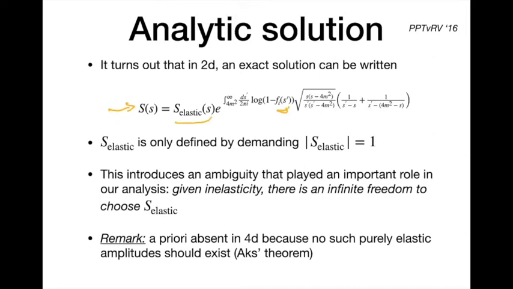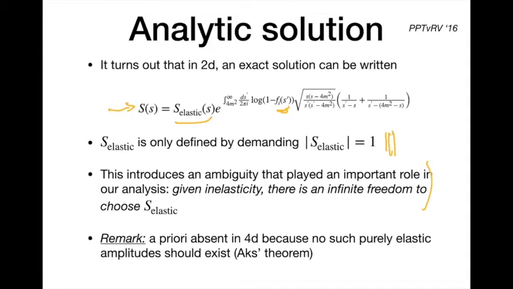This guy I'm coming to in a second. And that's the exponential of this integral. And in here, S elastic is just defined by any function of S that's modulus 1 for S bigger than 4 on the axis. Of course, that introduces some ambiguity because there are many functions that do this.